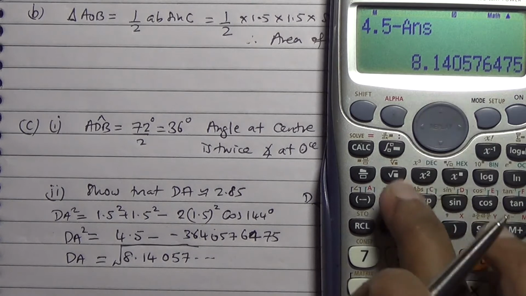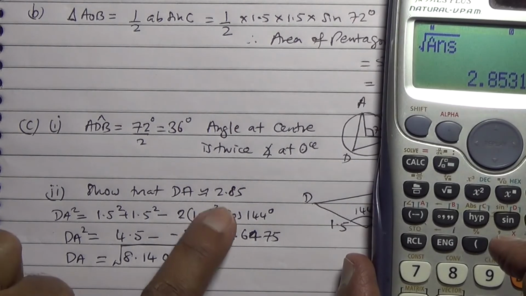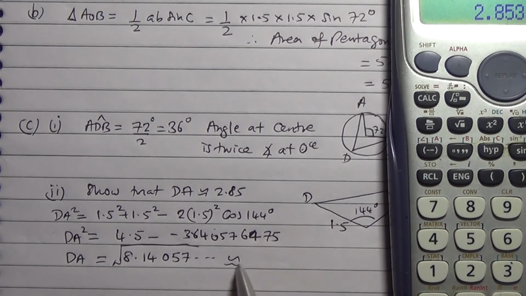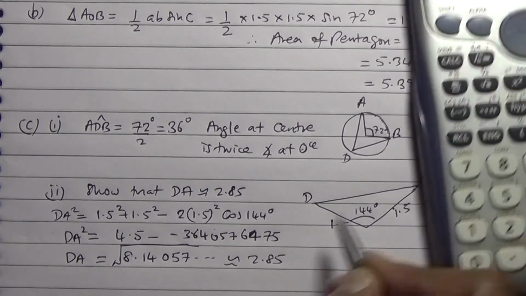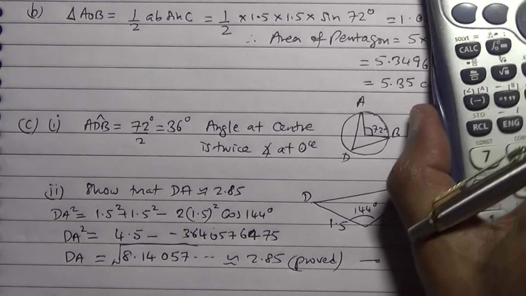So let's do the square root of that. 2.85, and here we go, it's been proved. 2.85. And that's been proved. This is how we do it.